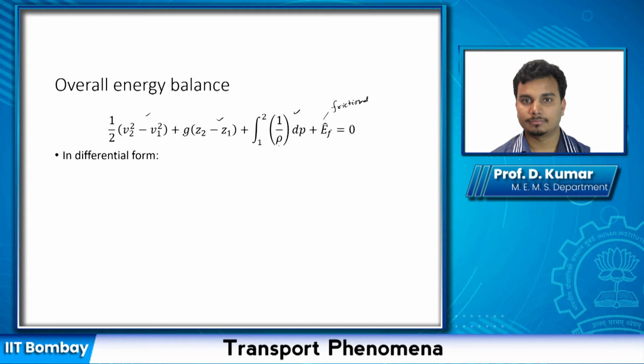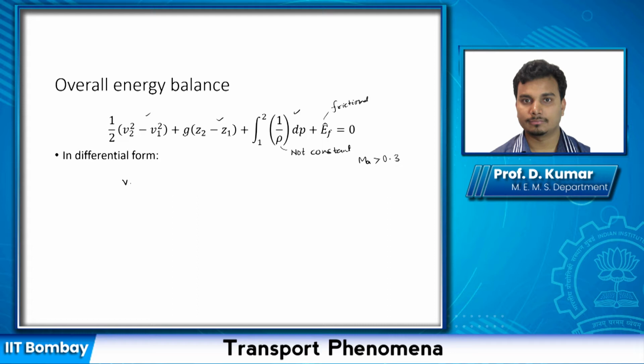Now since rho is not constant, we are assuming compressible flow. As you would recall, typically when we say compressible flow, this means Mach greater than 0.3. We'll come to that. So rho is not constant, and there has to be some relationship between P and rho to do this calculation. So it will be better if we can write this in differential form.